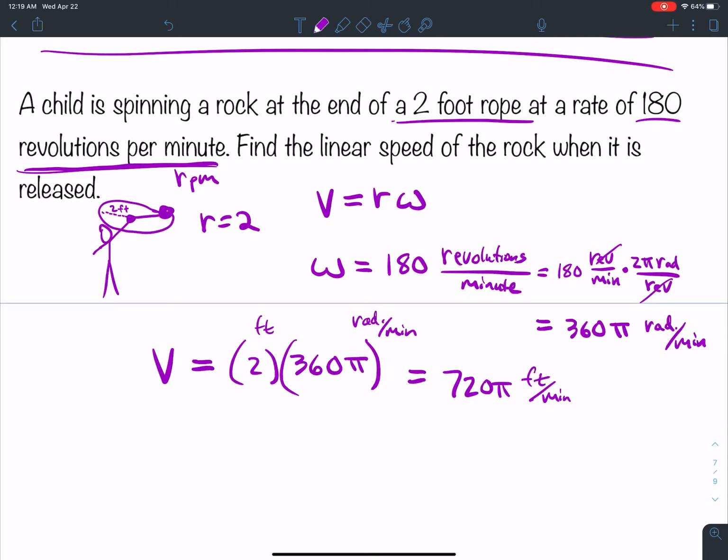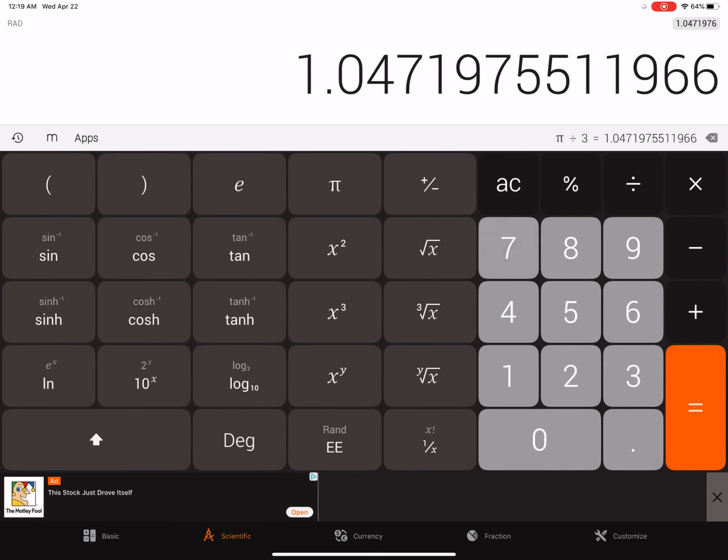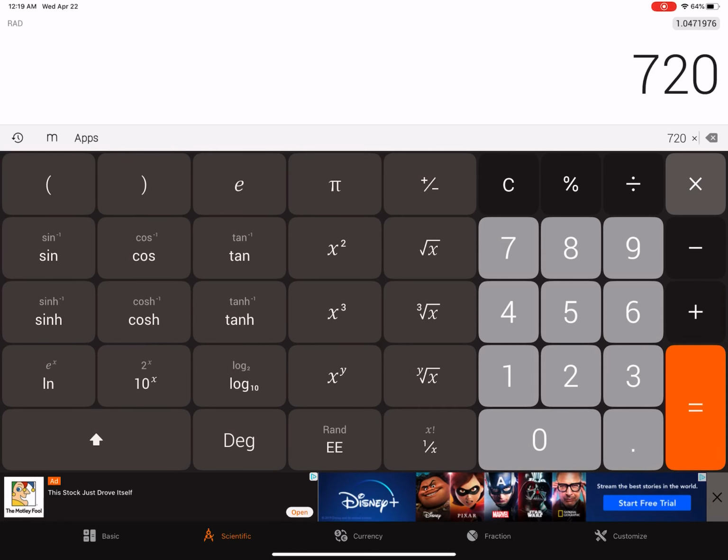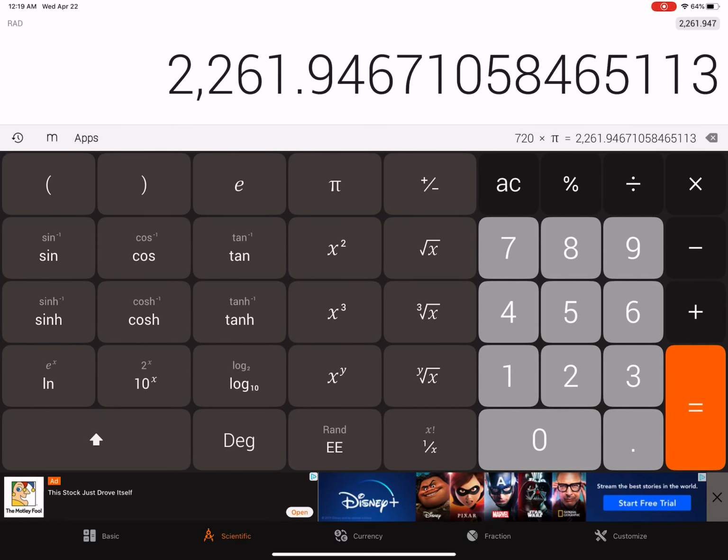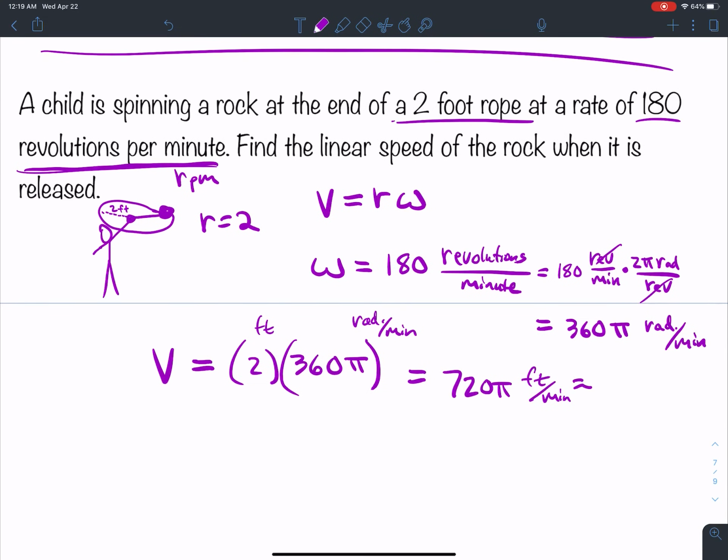So 720 times pi is basically 2262 feet per minute. So the linear speed of the rock when it's released is roughly 2262 feet per minute.